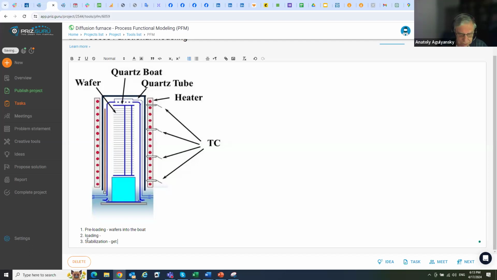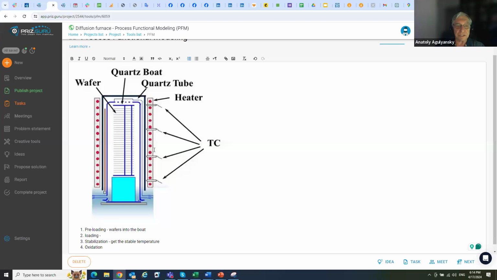Get a stable temperature. The next step, oxidation. We just give oxygen inside of the wafer.